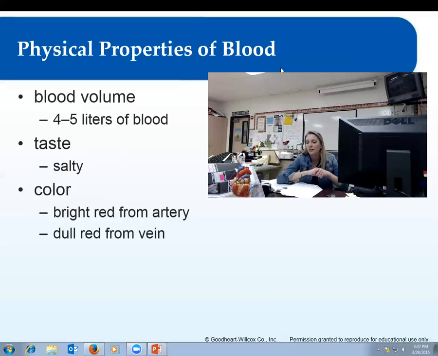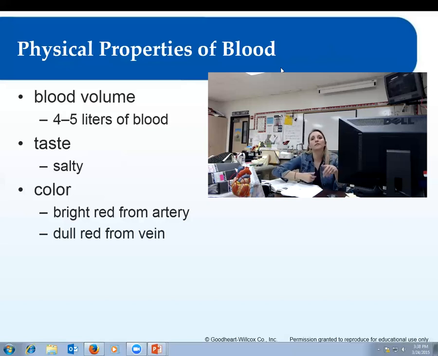Now, sometimes our hematocrit is increased, which means we have an increased number of red blood cells. If we're really dehydrated, and if you think about it, our hematocrit is not always necessarily about a number, because it's a percentage of your total blood volume. Sometimes hematocrit can go up when we're dehydrated, just because the ratio of red blood cells to other blood fluid, like your plasma, for example, is off.